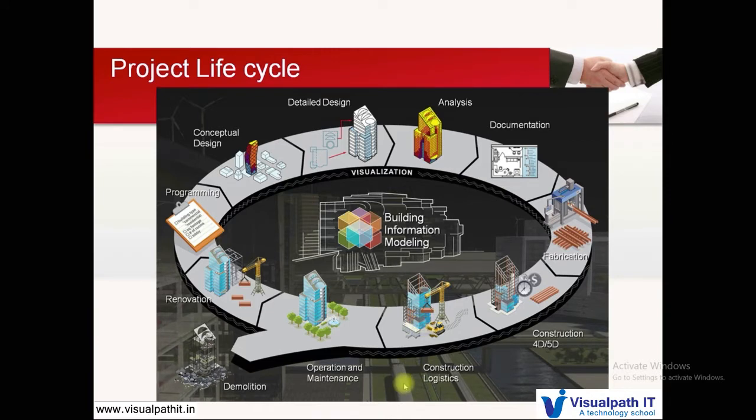Logistics means purchase of materials, cement bags, rods and bricks, everything, and then the whole building is done. Now the operation happens. The whole building is sold to the clients. The clients come and live inside the building. Once the clients live there, the operation and maintenance happens.